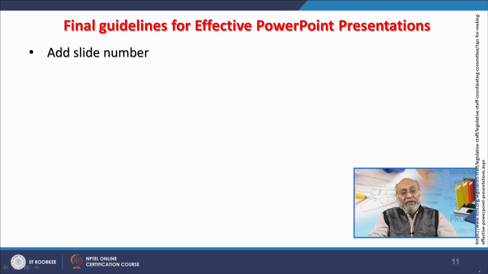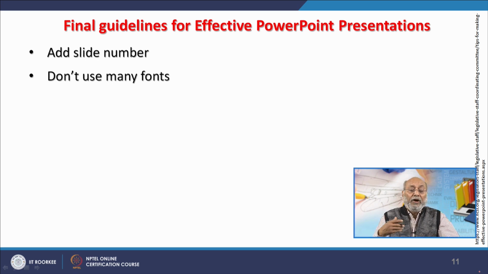So, one can definitely add the slide number, because suppose I am keeping the time of a presenter, as chairman of a session in an international or national conference, and I know that this person is about to end his presentation, with one or two slides left, then I would not say anything like please stop or please complete, because I know that he is anyway going to end.